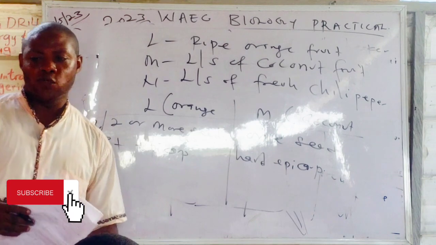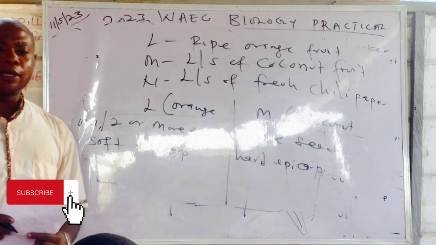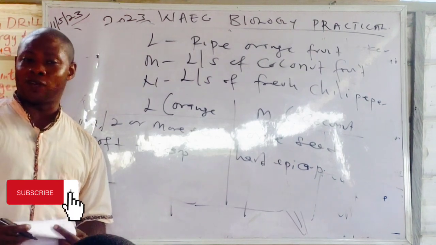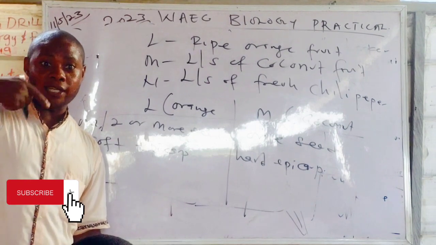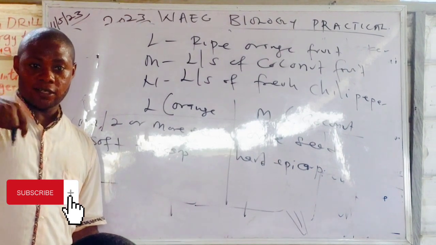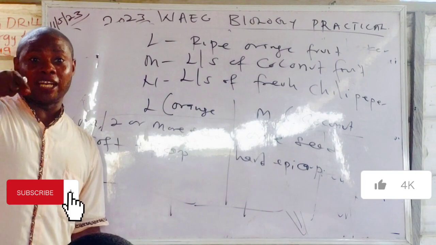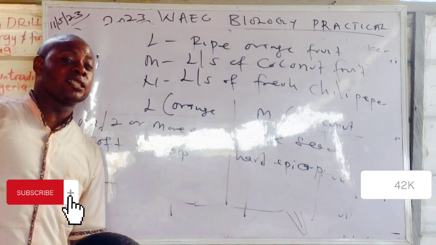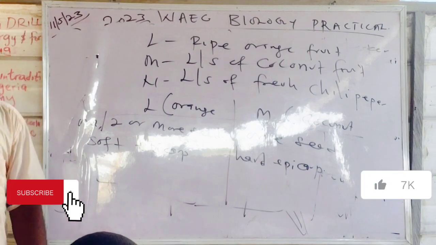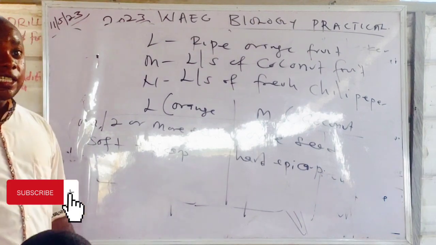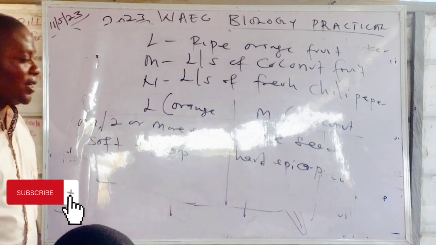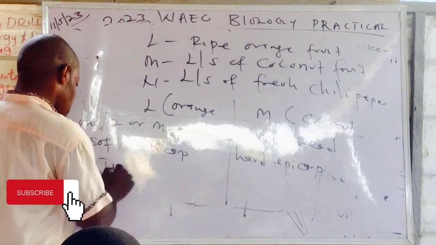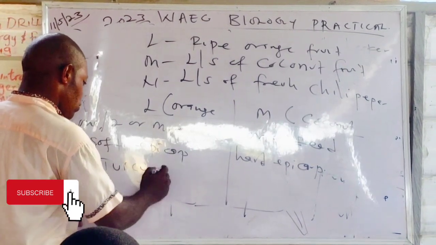Orange. Do you know where the mesocarp is found? The mesocarp is that white one. When you peel the orange, you see one white. That's the mesocarp. Then the inner one is the one that is juicy. So it is a juicy endocarp.